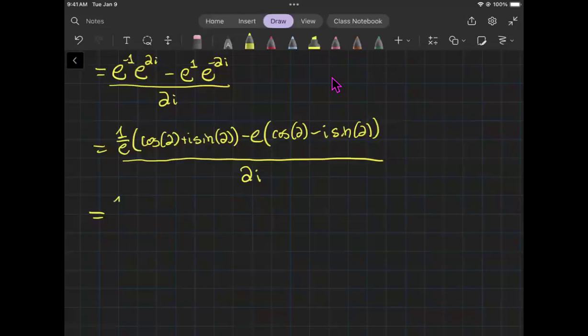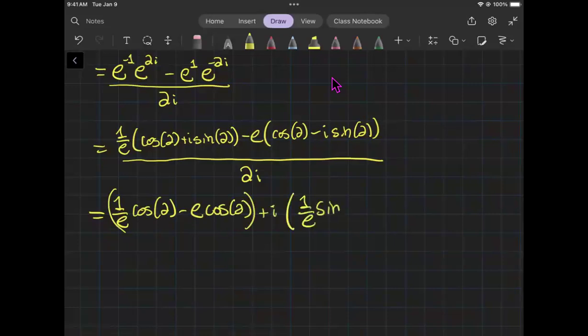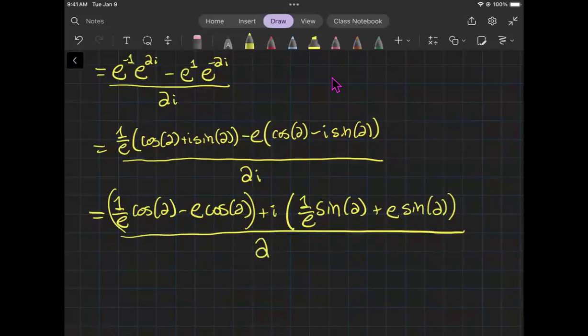So this is equal to 1 over e cosine of 2, figuring out the real components, minus e cosine 2, and then the imaginary component: 1 over e times sine 2 plus e times sine 2, over 2I. Okay.